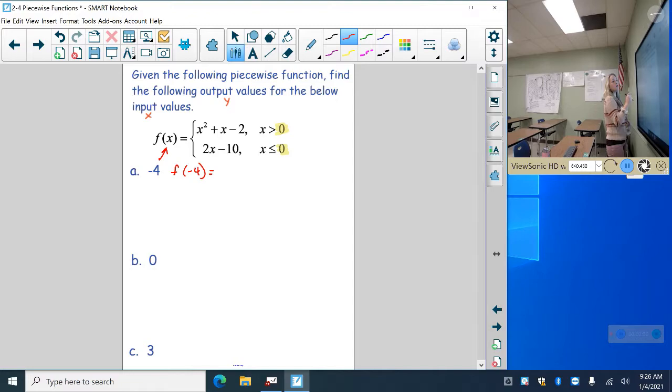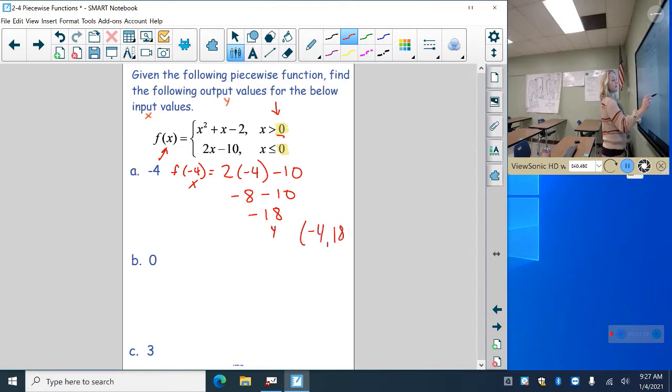Which one am I going to use? Negative 4 is not greater than 0, but it is less than or equal to 0. So I'm going to plug in 2 times negative 4 minus 10, which gives me negative 8 minus 10, which is negative 18. My ordered pair, this is my x value, this is my y value, is negative 4, negative 18.